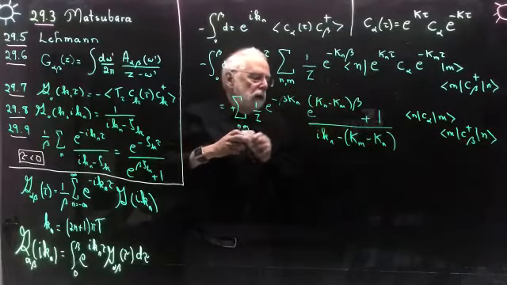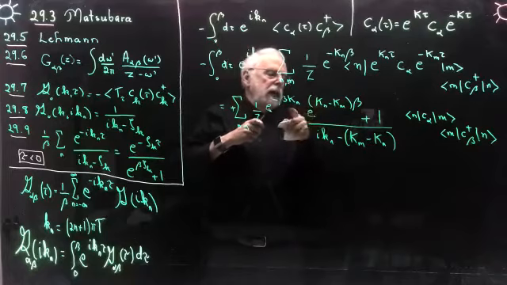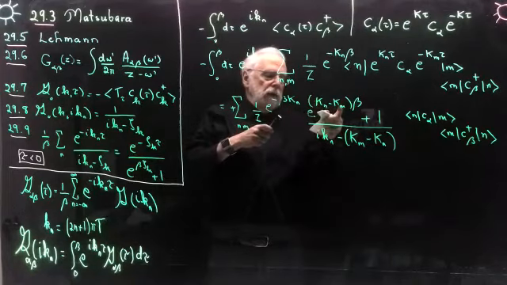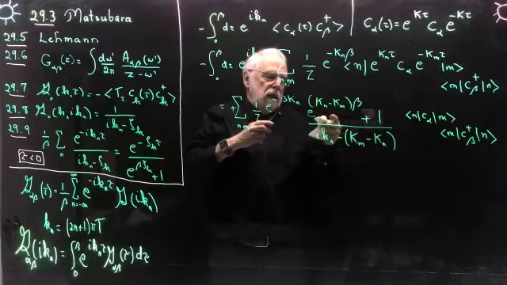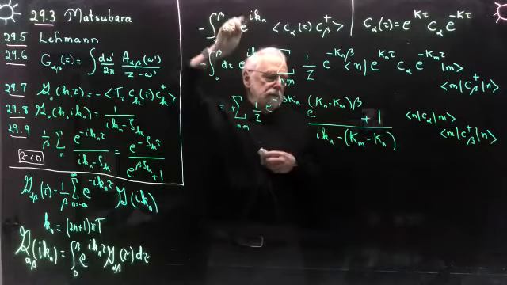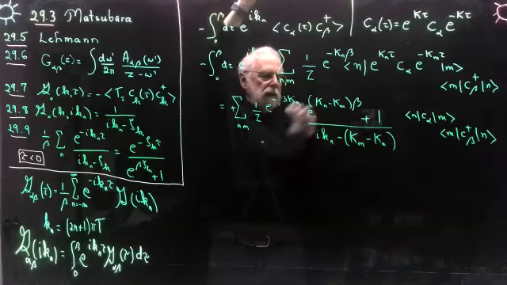So when I combine all of this, the k_n disappears, and I'm left just with the beta K_n. And then I have this acting on this. Okay?